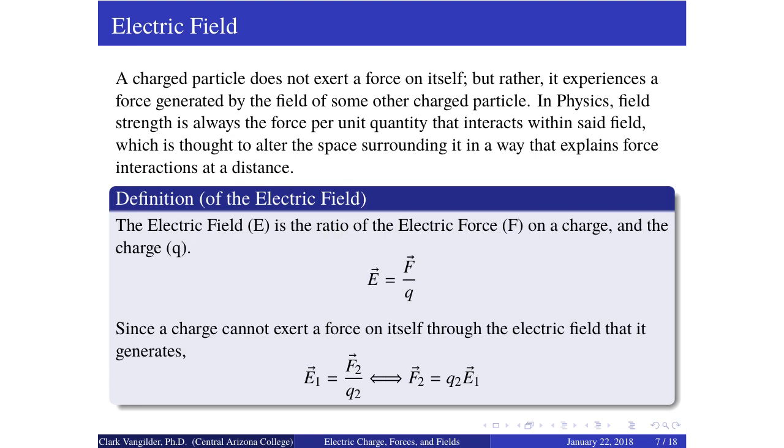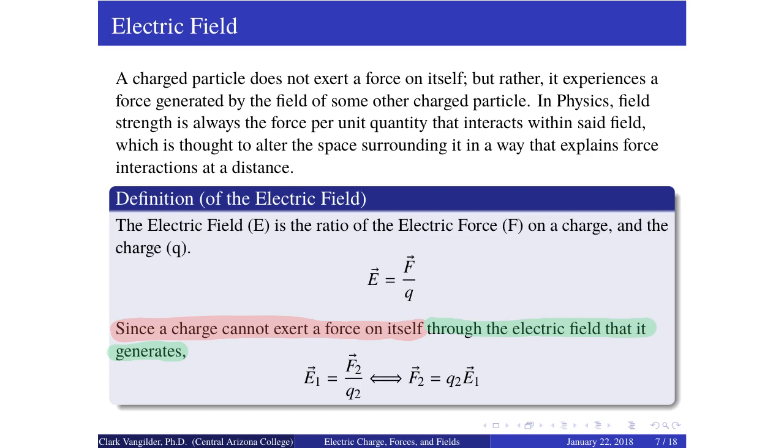One of the important things, and I think it shows up in some of the quiz questions, is about how these fields work. Charge cannot exert a force on itself. A charge generates an electric field that affects other charges.